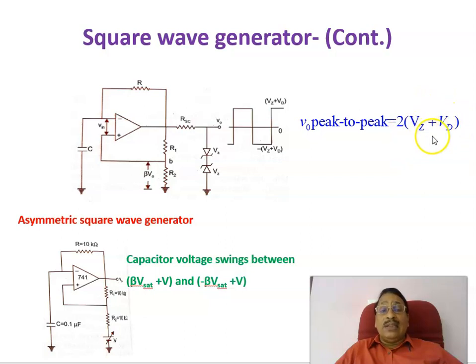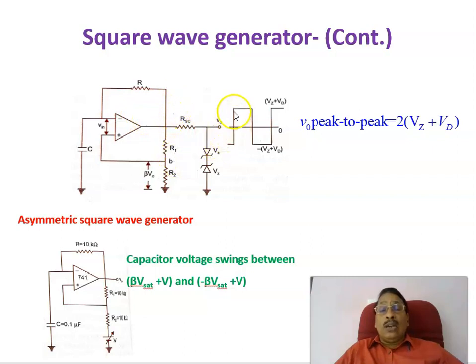You can limit the output voltage by properly selecting the Zener breakdown voltage. If you select a Zener with the required breakdown voltage, then you can limit the output voltage. Otherwise, the output will be either plus VSAT or minus VSAT.